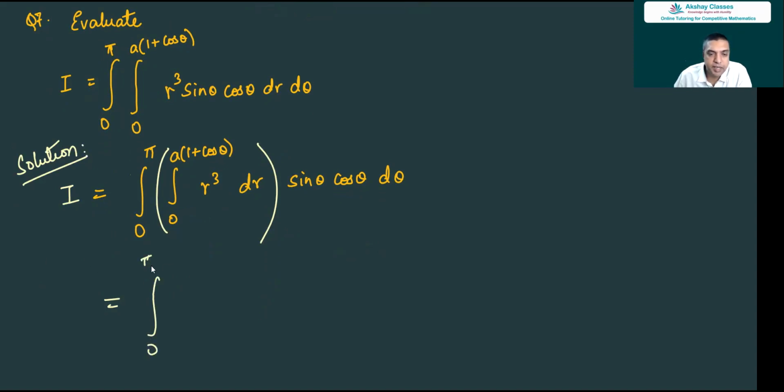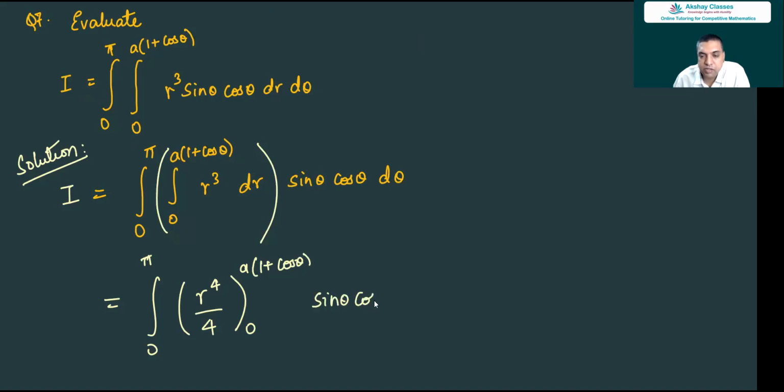Integral 0 to pi, this is r power 4 upon 4, 0 to a times 1 plus cos theta, into sine theta cos theta d theta.